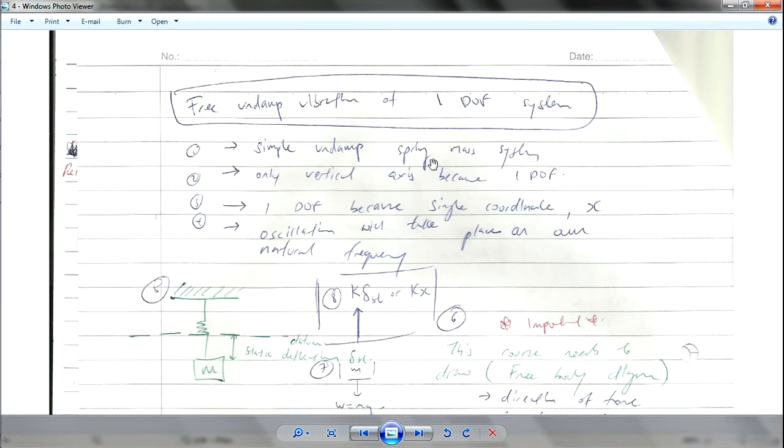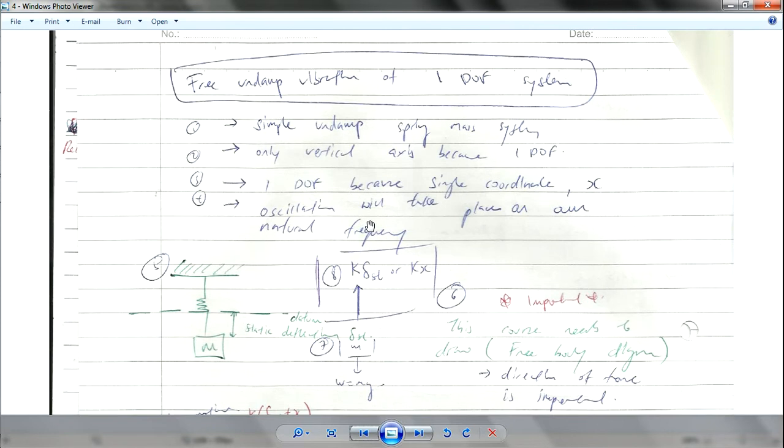And then a simple undamped spring mass system. So we have a consideration of a simple undamped mass system with only the vertical axis, because 1 degree of freedom, as I mentioned, in terms of x. And then oscillation will take place at natural frequency.